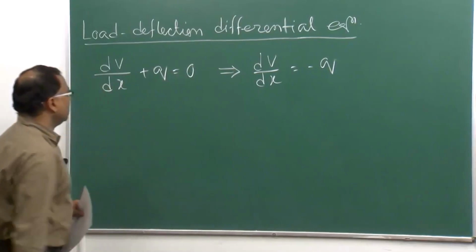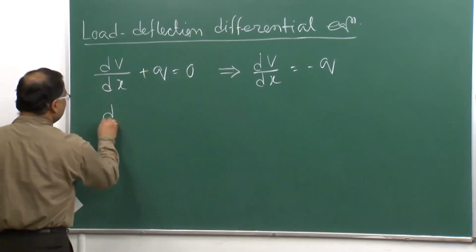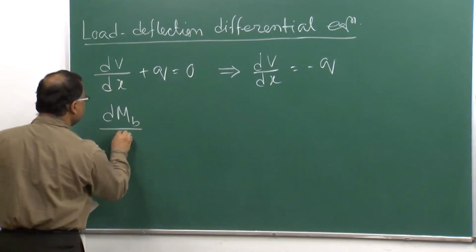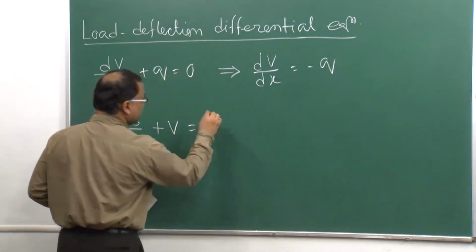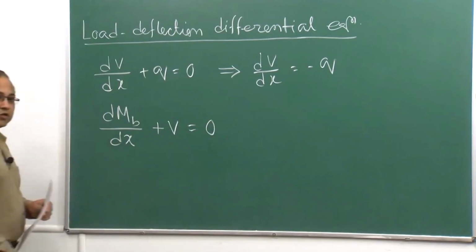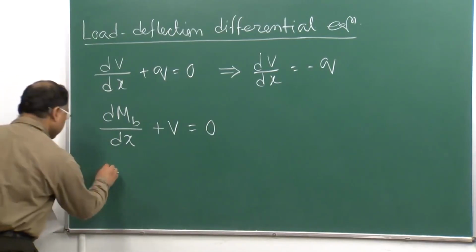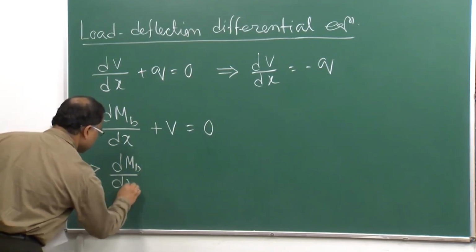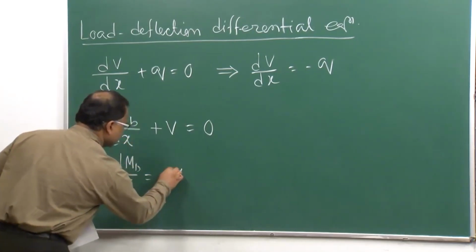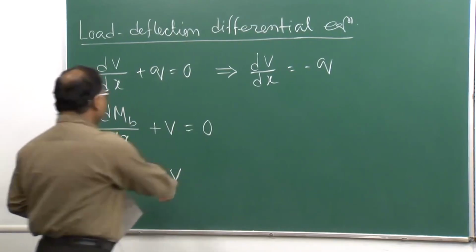Also, we know from our earlier discussion dM_b/dx plus V equals 0, and from this we can write dM_b/dx equals minus V.